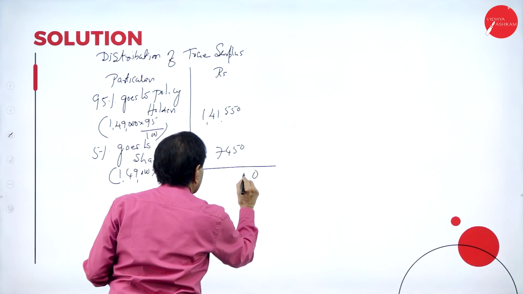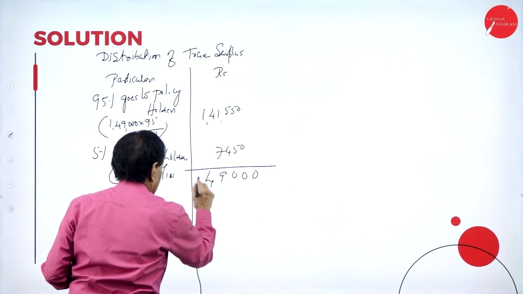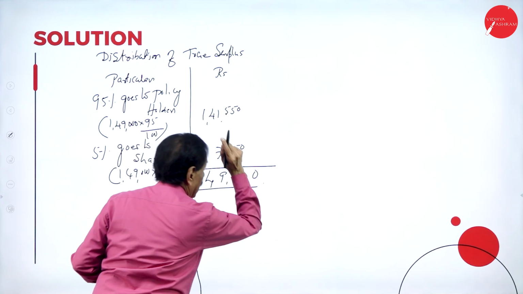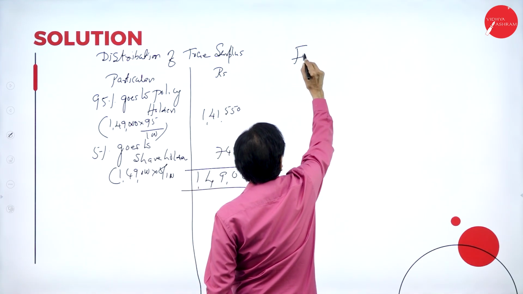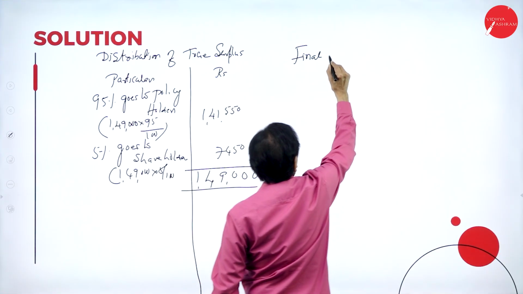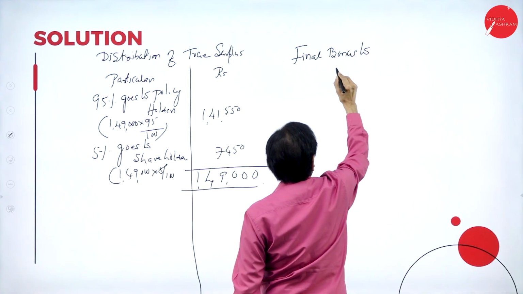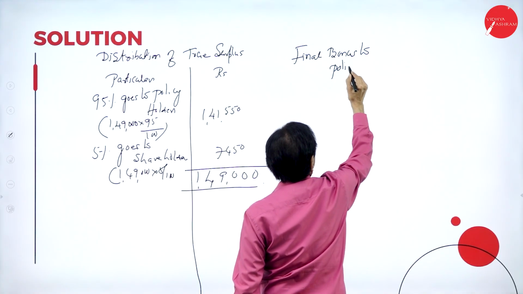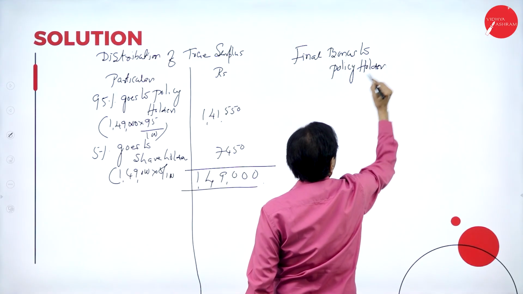Add, 1,49,000. Final bonus to policyholders. This is the last step.